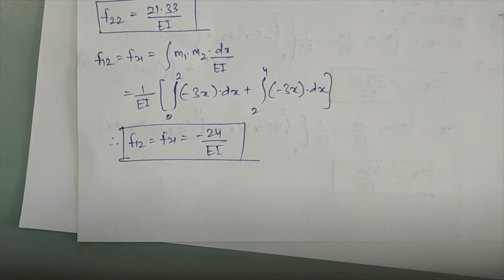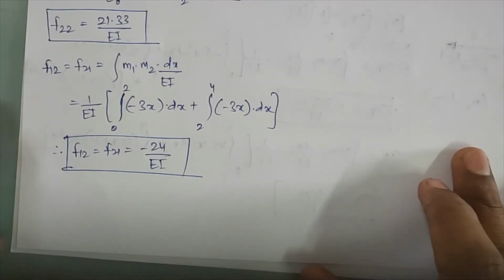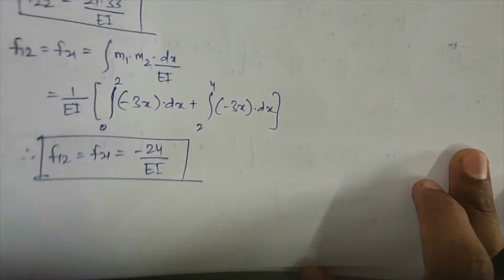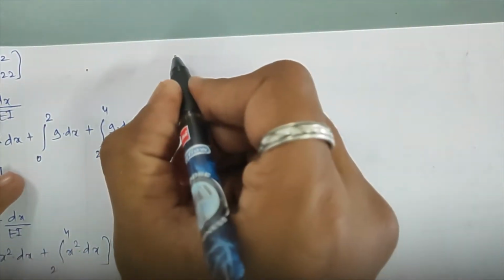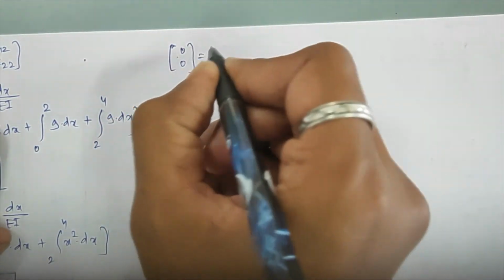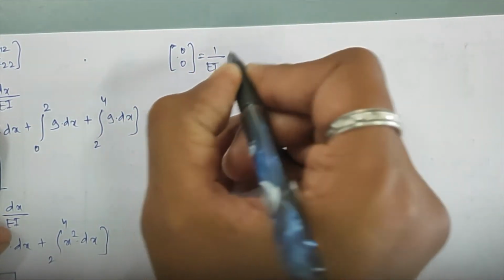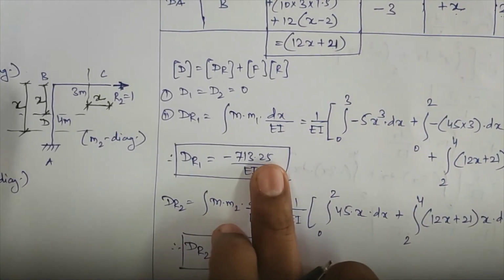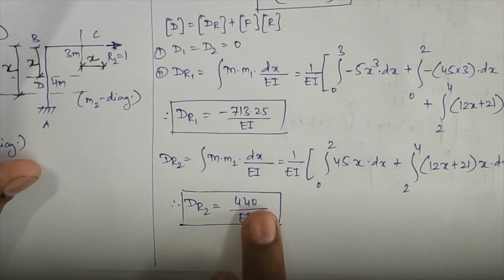Okay, so my flexibility coefficients are done here. Now we'll write all the values in matrix form. The first value, d10 is equal to 1 upon EI constant for dr1 value. So dr1 I have got as minus 713.25 and dr2 as 440.